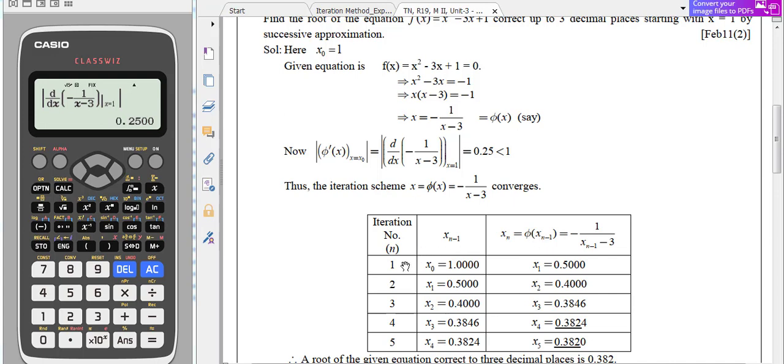So in the case of the first iteration, n value is equal to 1, and hence xn minus 1 will be x0, and its value is equal to 1, and then xn will be x1. To get x1, phi of x0 is to be calculated.